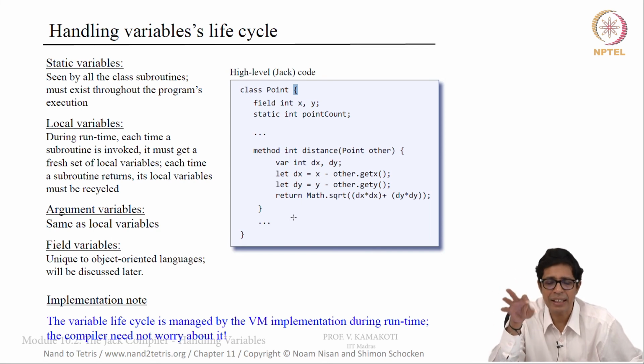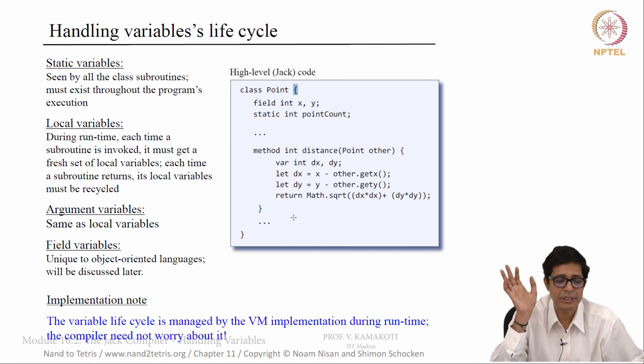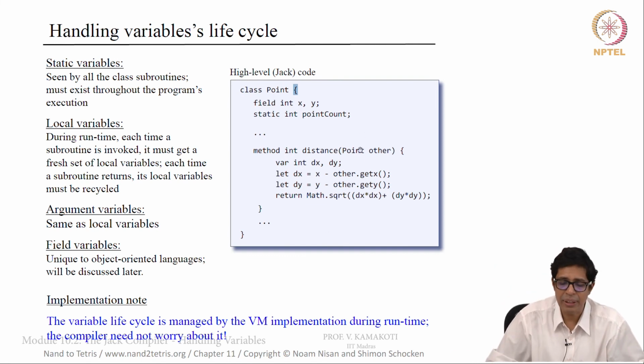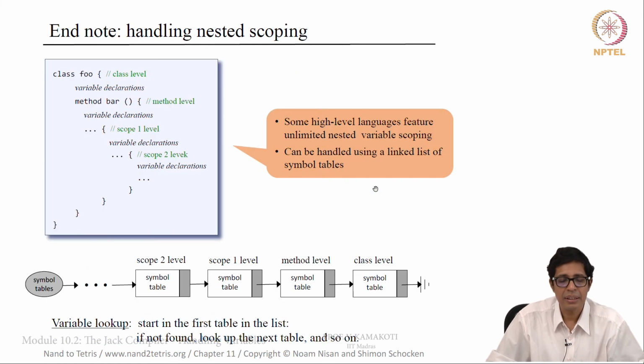When you are compiling the class from the start to the end, there is a life cycle of the field and static variables. In the case of local variables and arguments, it is for within that particular method, constructor or function, right? So the life cycle is within that, right?